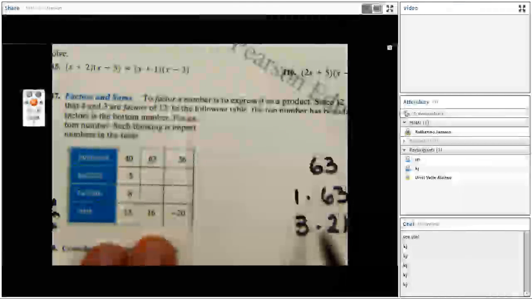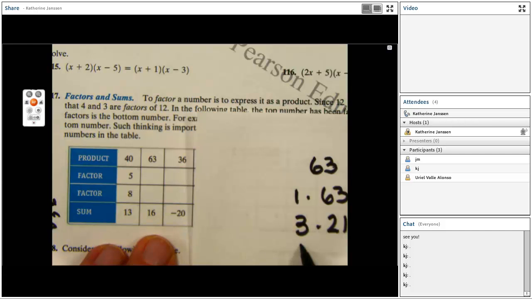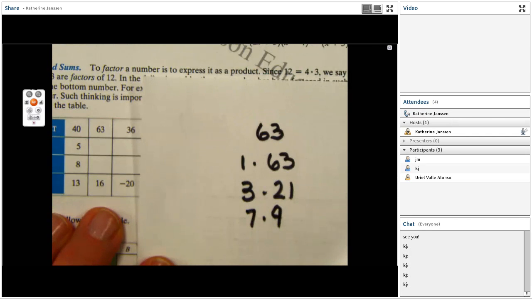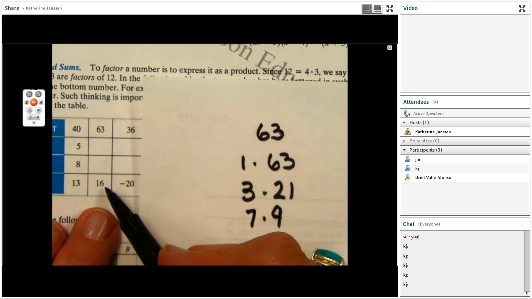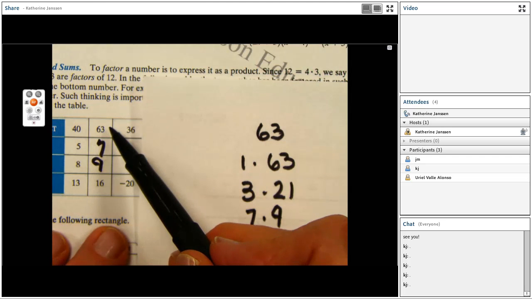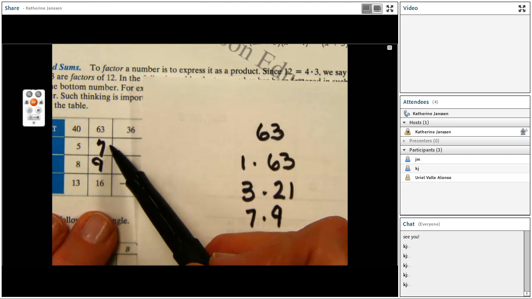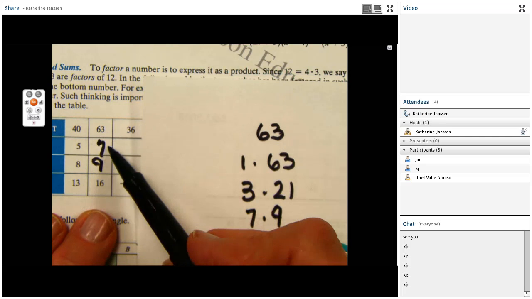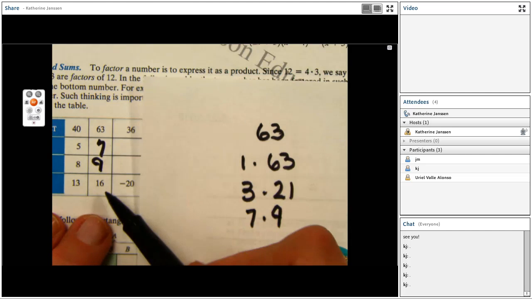Does 6 go into 63? No. Does 7 go into 63? 7 times 9. 7 times 9 is 63. 7 plus 9 is 16. So we've factored 63 using the factor pairs 7 and 9. 7 times 9 is 63, and 7 plus 9 is 16.